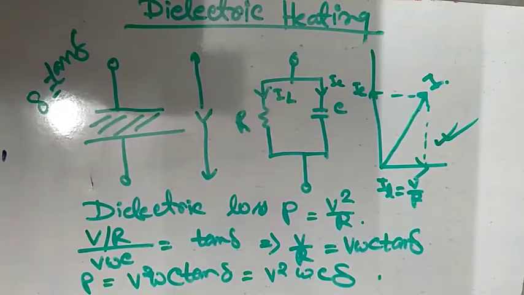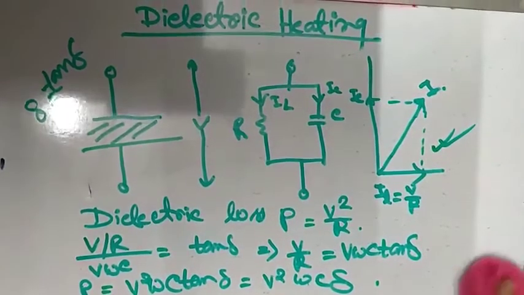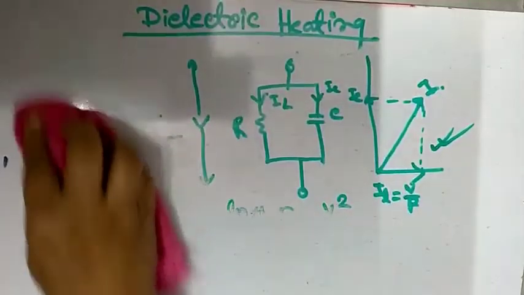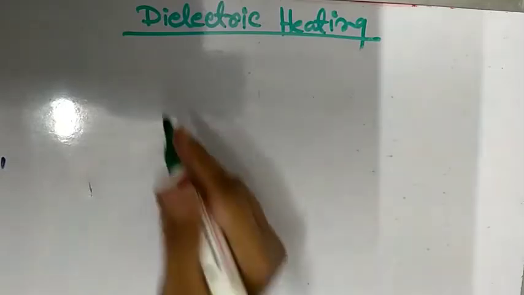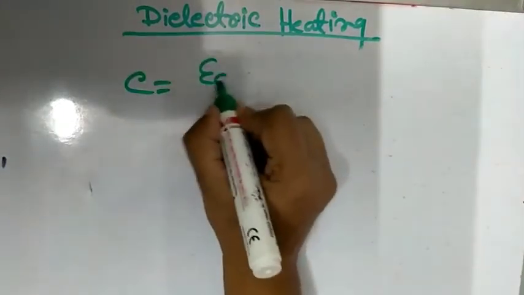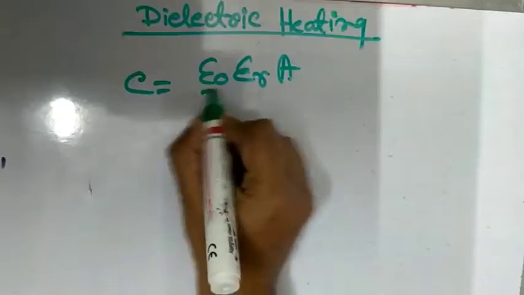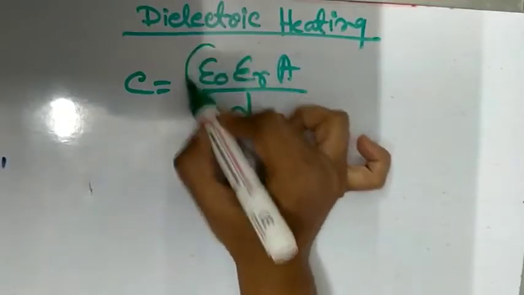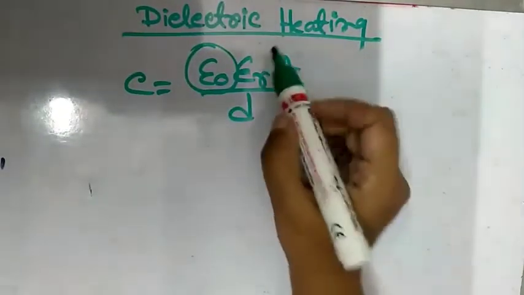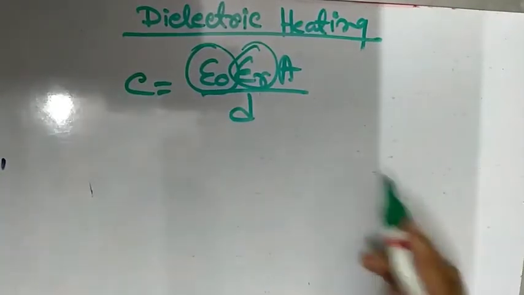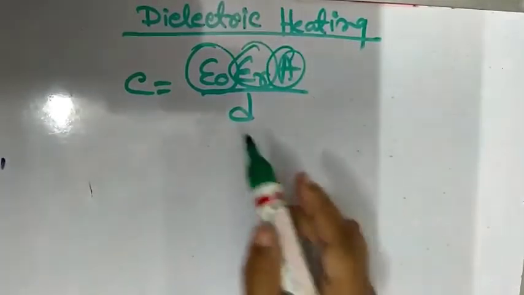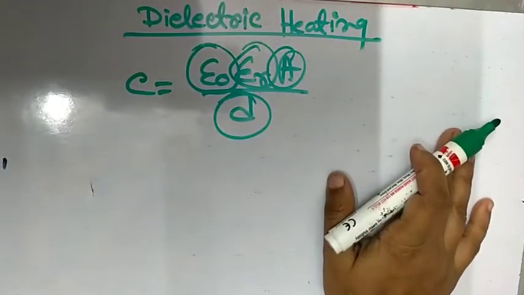Now, capacitance of a parallel plate is given by, you all know this formula. That is C is equal to epsilon 0 epsilon R A by D, where epsilon 0 is the permittivity constant, epsilon R is the relative permittivity of the medium, A is the area of the plate, and D is the thickness of the medium in meters.